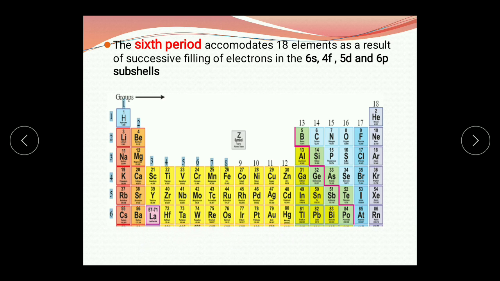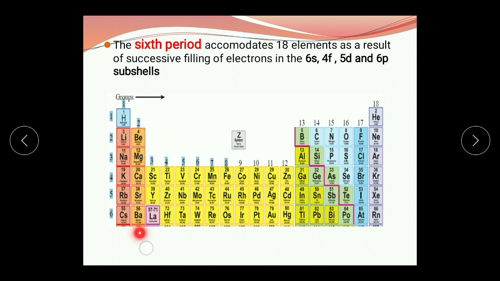This is 6s, then 5d, then 4f and then 5d. After lanthanum, the 14 elements, that means the 4f subshell will be filled, then 5d will start filling, and finally 6p with 1 to 6.